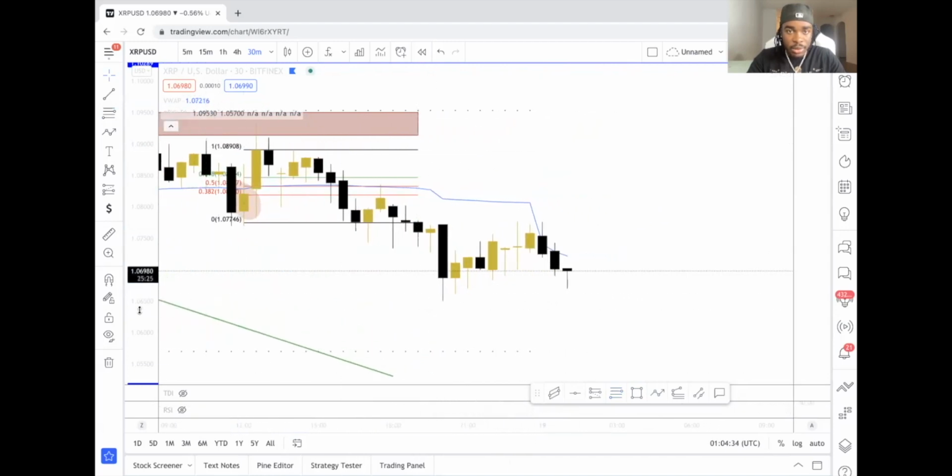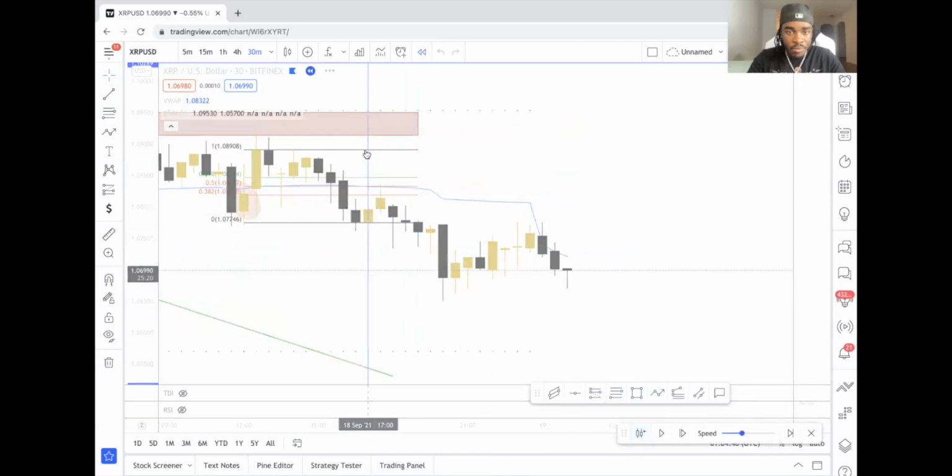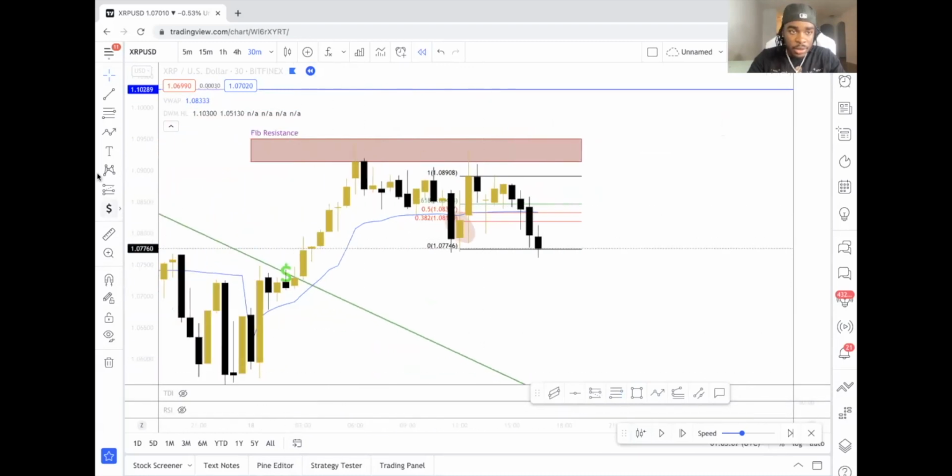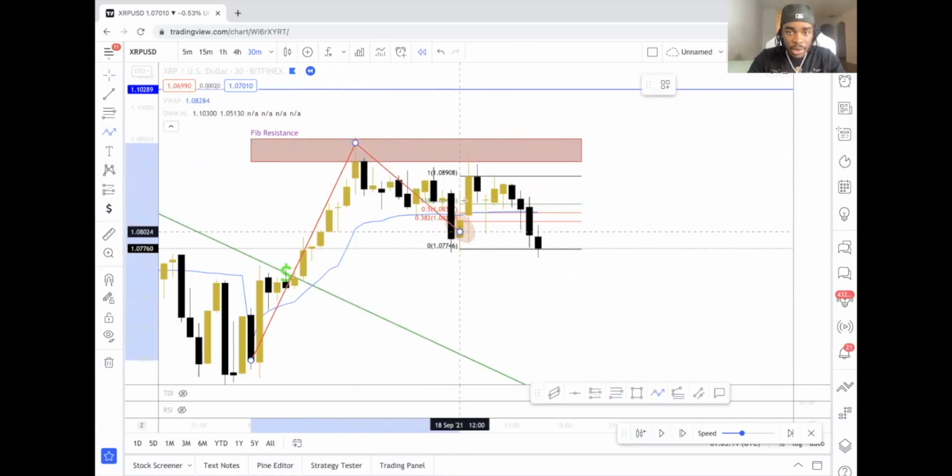Okay, so if we rewind this, and this is all we've seen, people would have seen this little downtrend on whatever time frame and marked up their fib, waiting for a retracement to enter. Okay, also keep in mind, we have a little double top pattern here, right? This is the move.